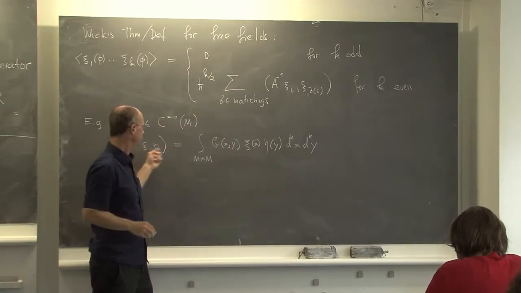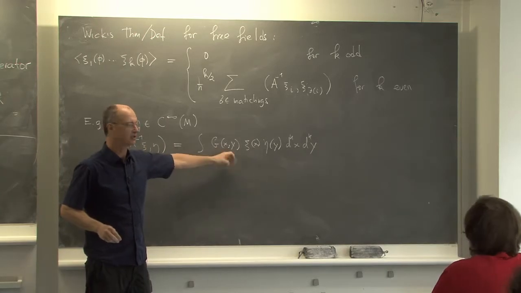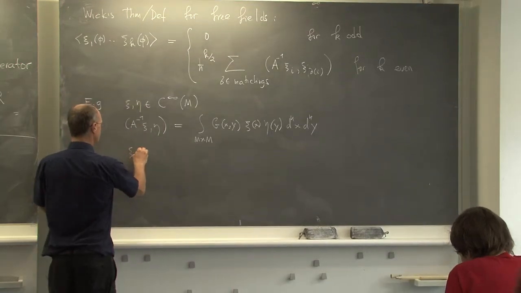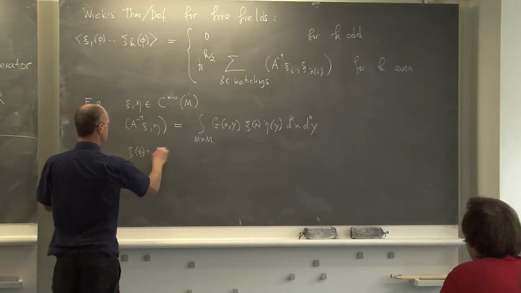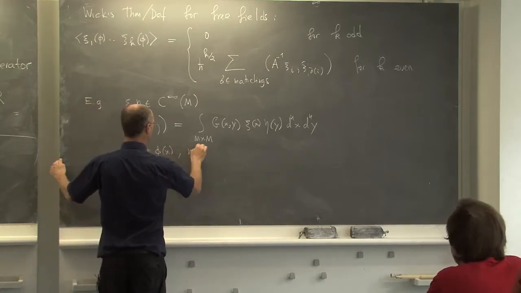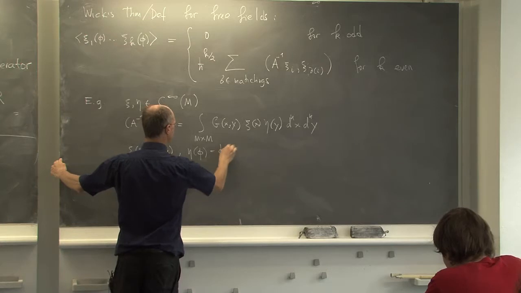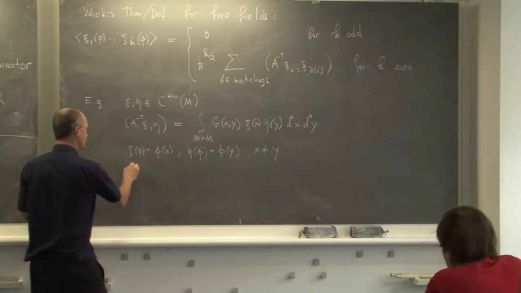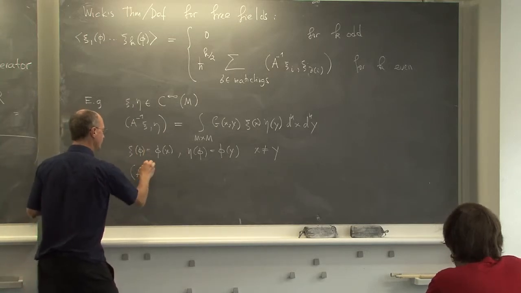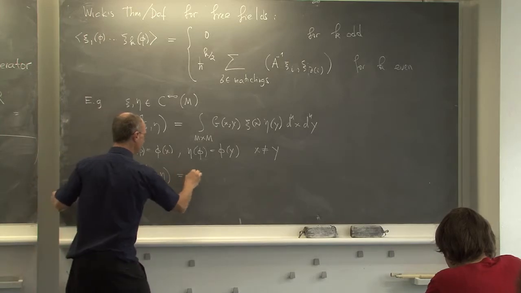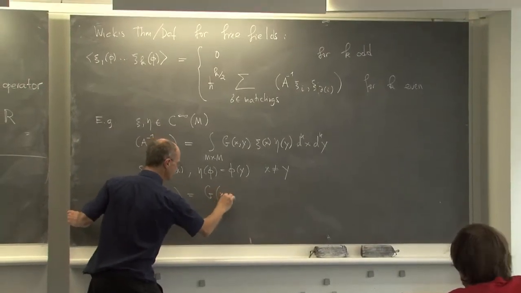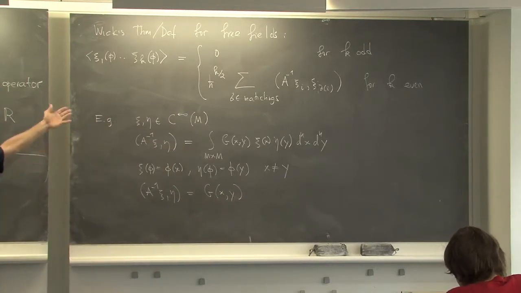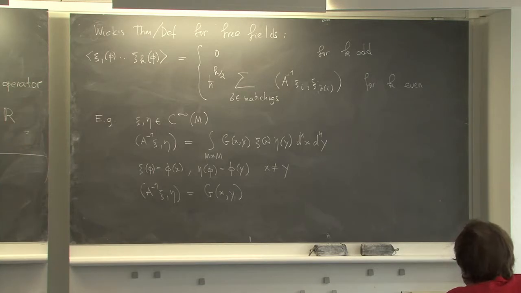And we assume that if they are nice enough, then all the integrals converge. If xi of phi is equal to phi of x and eta of phi is equal to phi of y, let's say x is different from y, then A inverse of xi, eta will be simply the value of the Green's function, G of x, y. So these are just particular examples of how it works.